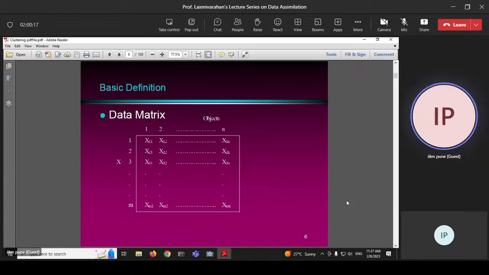In the case of the model ensemble that I talked about, m was of the order of several thousands, the model output across a domain. N was only 25. So I have long vectors, each representing the model output at different times.